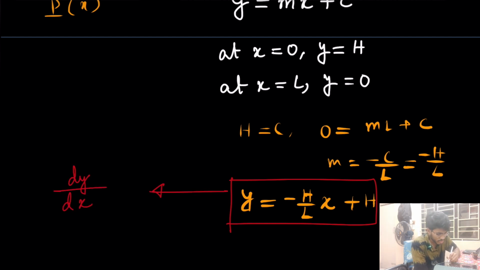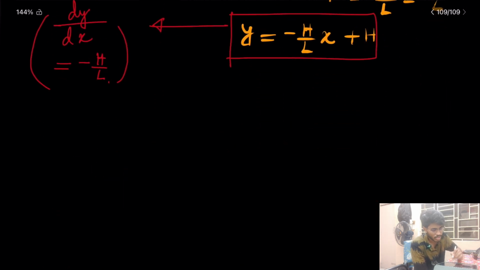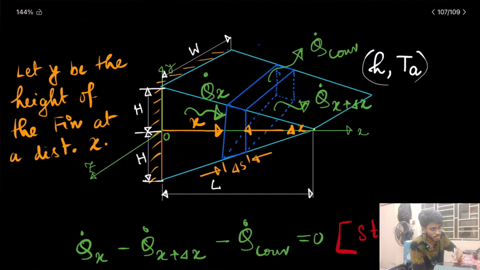So dy/dx therefore becomes minus H by L. Clear? So now I know the dy/dx, that is minus H by L. Now what is P(x)? Let us find the P(x) now. So if you see the diagram, then P(x) is just this perimeter, okay, this one.